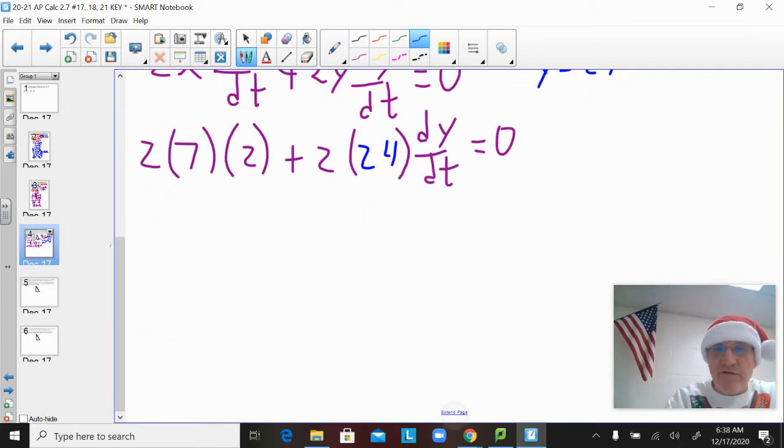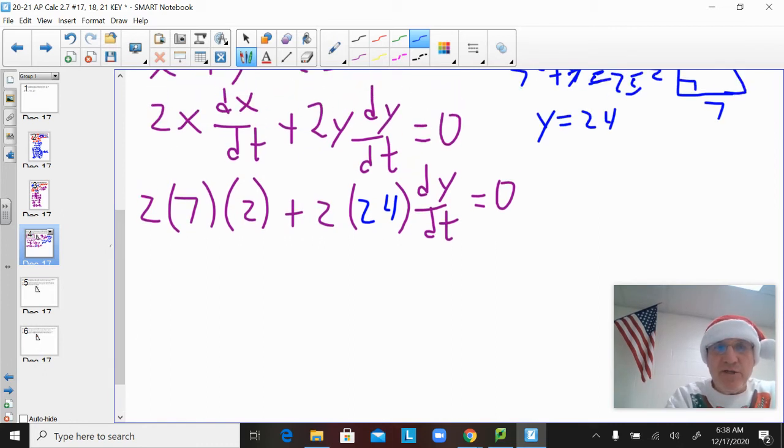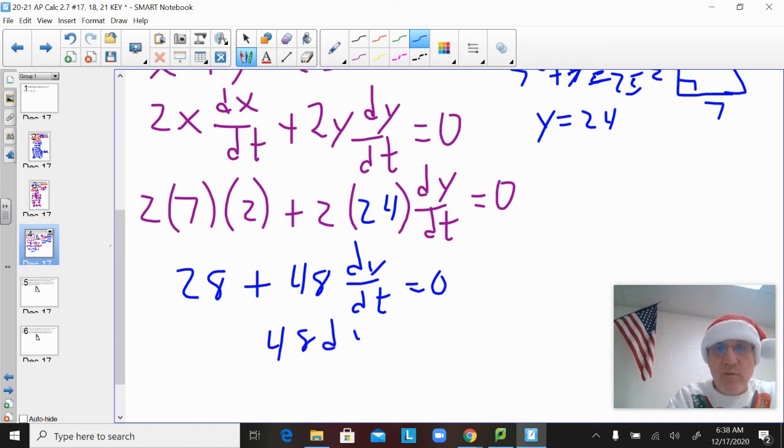And now we just finish solving this for dy dt. So that's 28 plus 48 dy dt equals 0. So 48 dy dt, if I subtract, is negative 28.